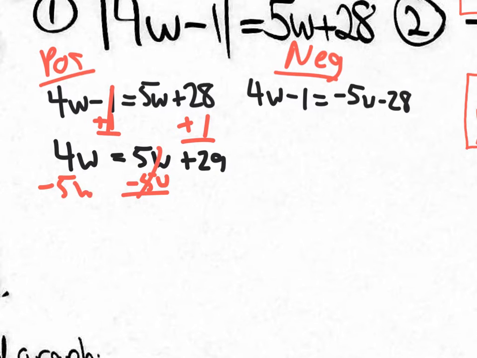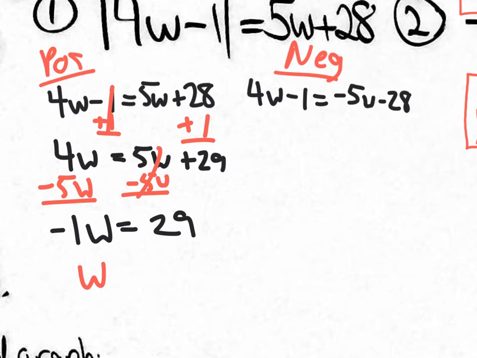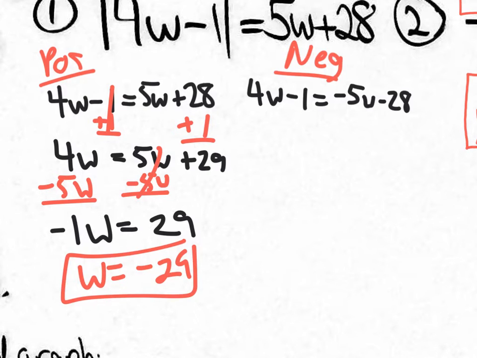Cancels, 5w. So you're going to end up with negative 1w equals 29, which means that your answer is w equals negative 29. Agree? Okay.